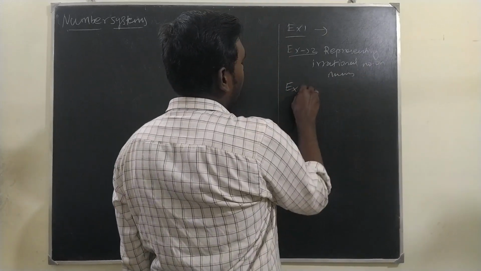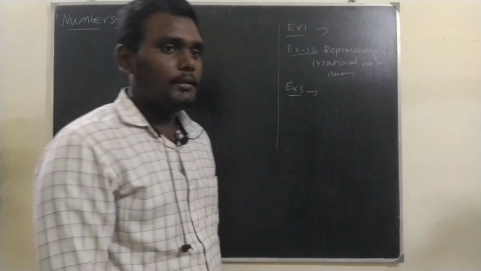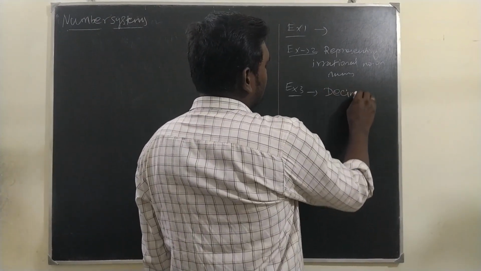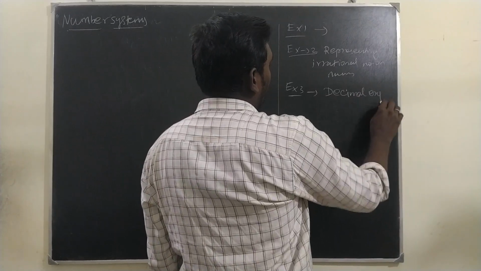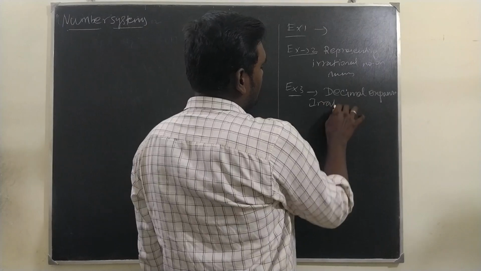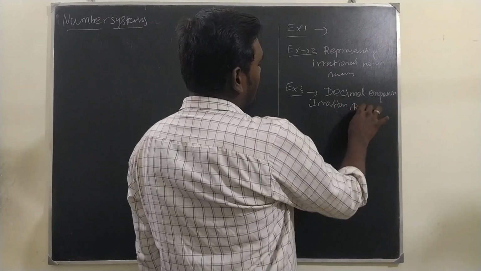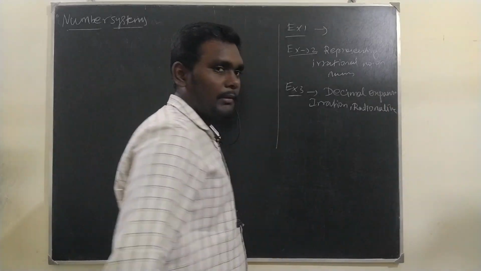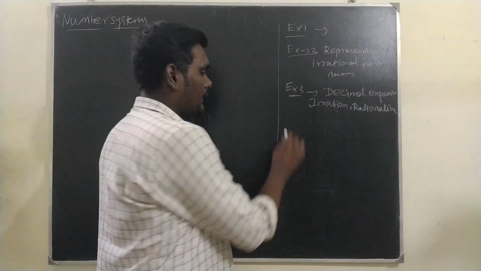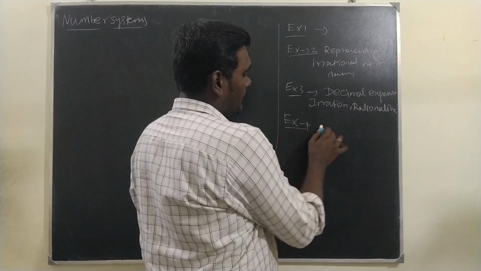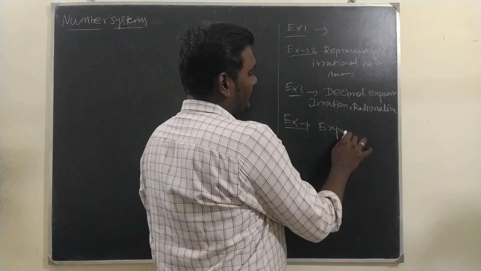And then exercise 3 is about rational numbers and their decimal expansion fully, like irrational numbers and rationalization. Everything will be discussed in this exercise. And then the last exercise, exercise 4, is fully about exponents and powers.